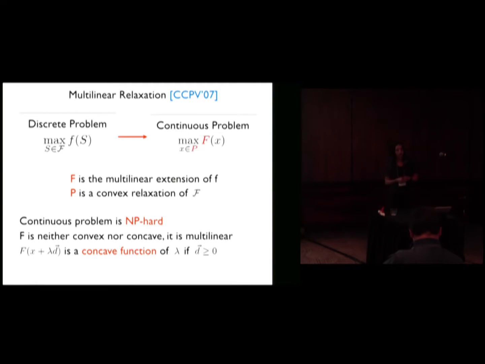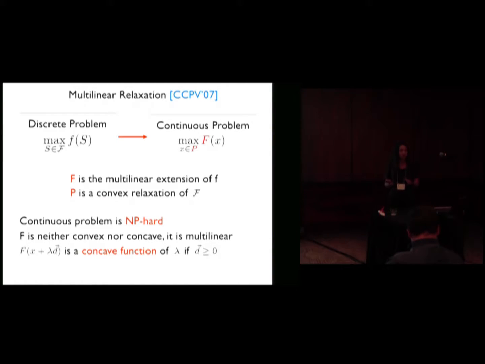Two important things I'd like to mention about this relaxation. First of all, this is not a tractable problem. The continuous problem itself is NP-hard. Unfortunately, the multilinear extension is not concave. It's neither convex nor concave, but it does have some concave aspects. In particular, it's concave along positive directions.